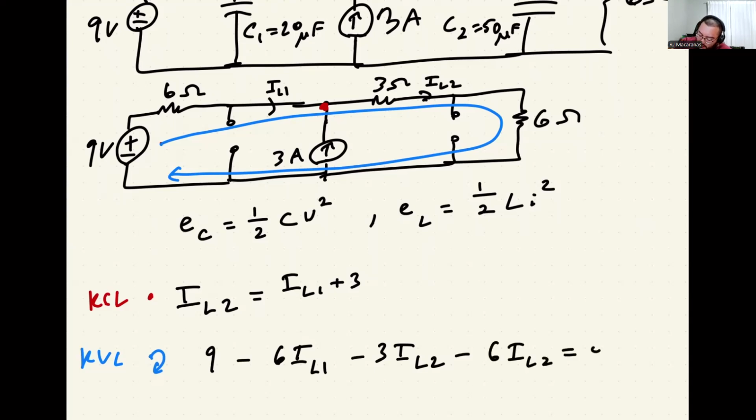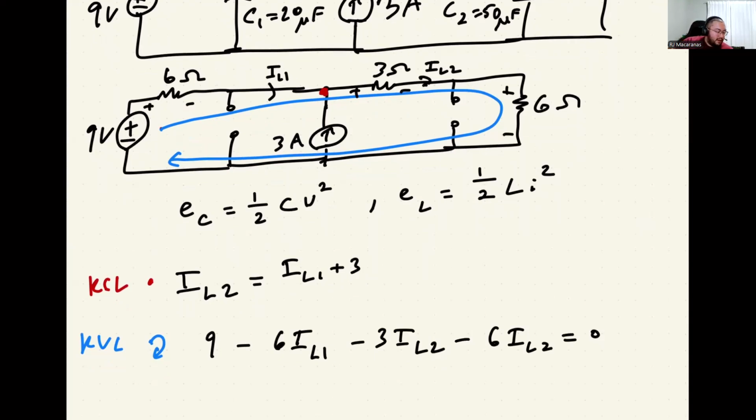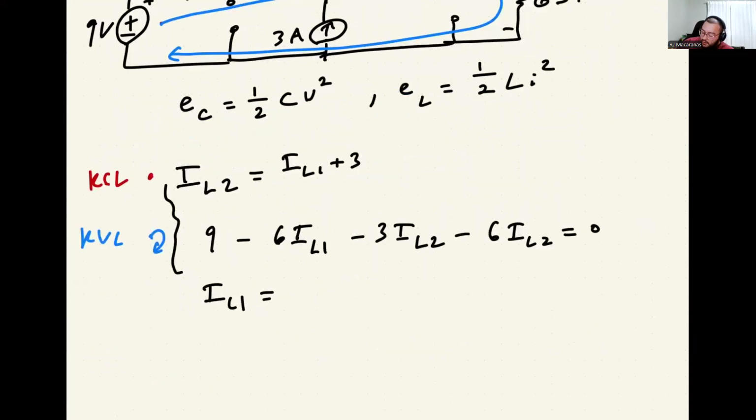I'm taking these to be the voltages across these resistors, dropping down through all of them to get back up to 9 volts. Then you've got two equations, two unknowns, and you can solve for IL1, which will give you minus 1.2 amps. Then you can solve for IL2, and that'll give you 1.8 amps, based on what they've found.